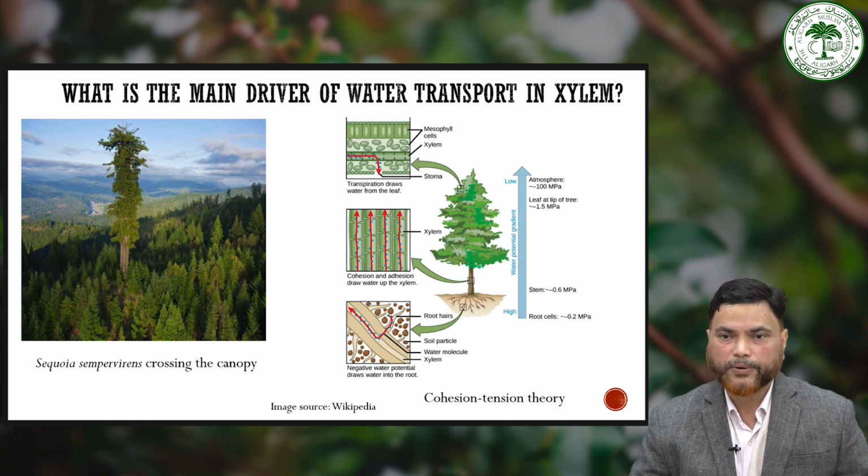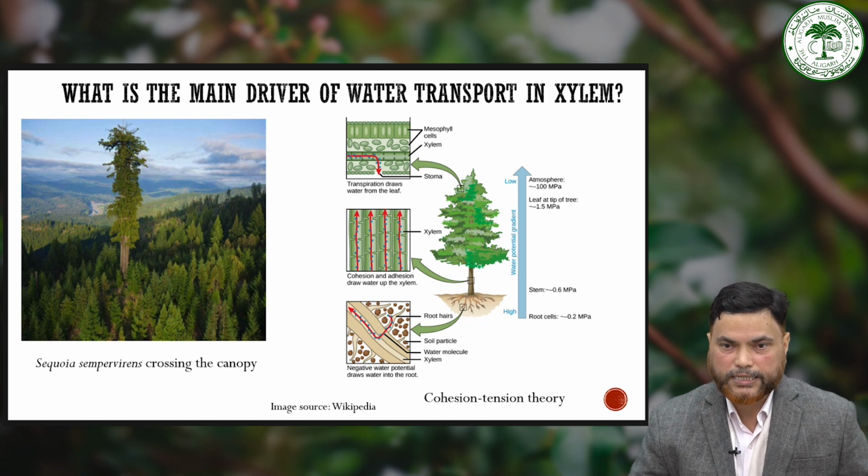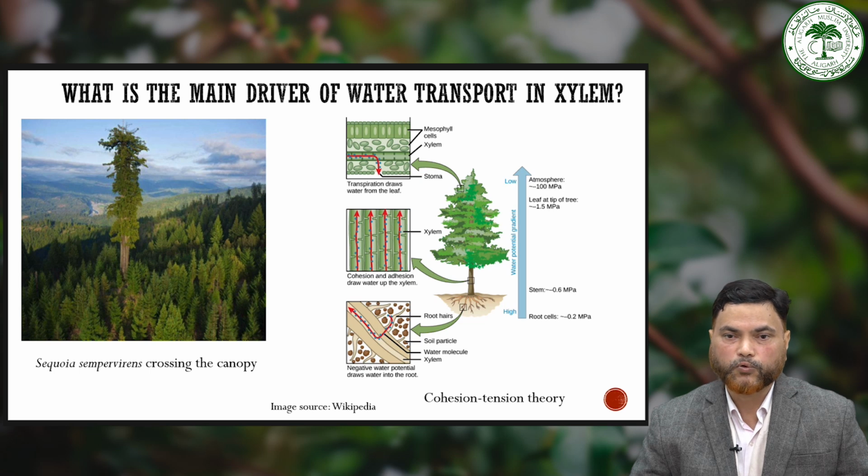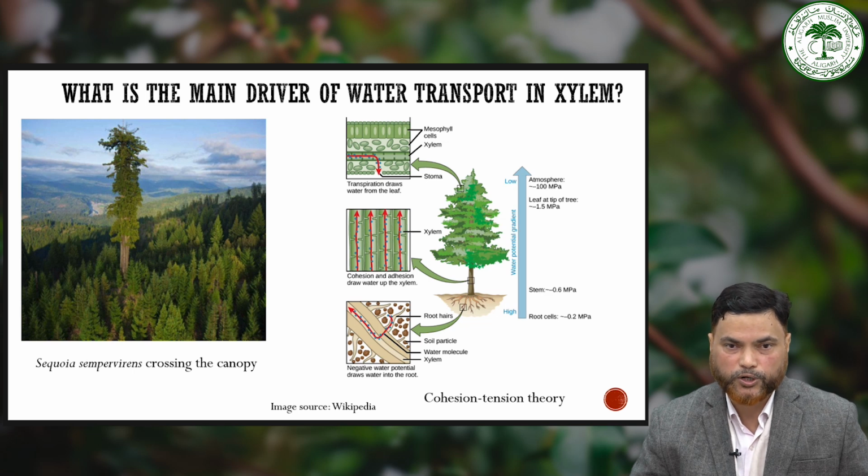As a result, water is lost from the cell walls, causing a decrease in water potential. This decrease in water potential creates a gradient, due to which the uppermost part of the tree experiences a significant tension, and this tension pulls the water through the xylem towards the site of evaporation, that is the leaves.